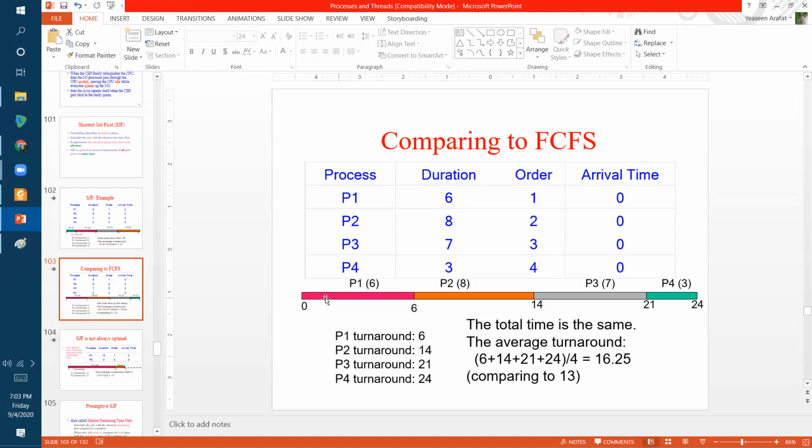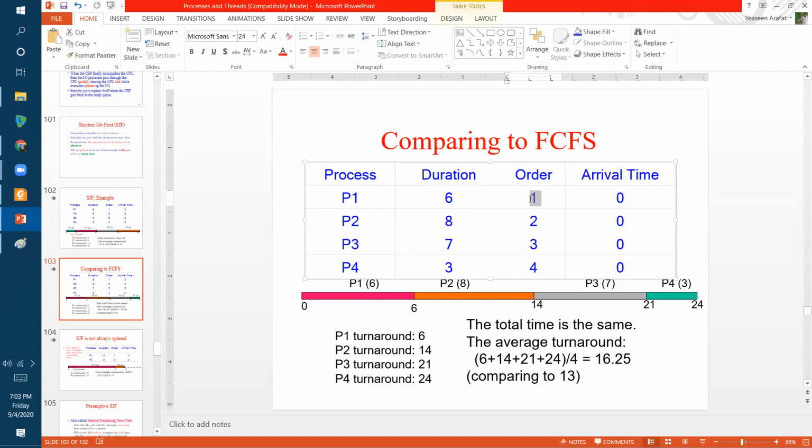P1 starts its job first, because its order is 1. So P1 starts at 0th second and ends by 6th second. Then P2 will get the CPU. P2 starts at 6 and ends by 14, as its duration is 8. So 6 plus 8 equals 14.